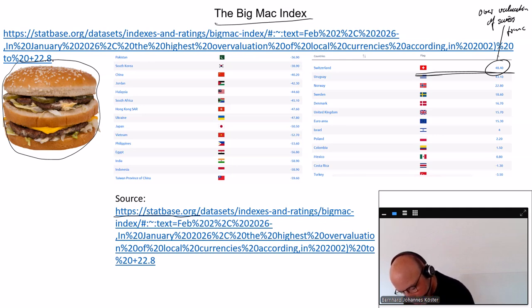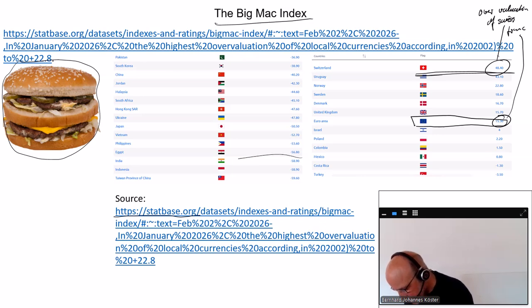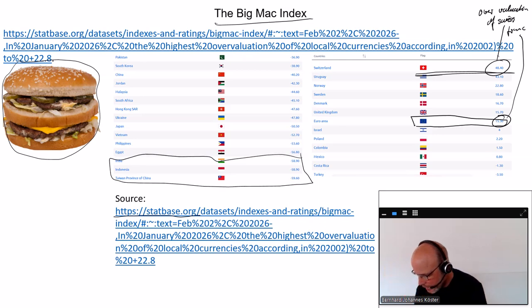And here you also see the Eurozone, so Germany, 15% overvaluation. And on the other side, we have the most undervalued regions, and this is especially in Southeast Asia.